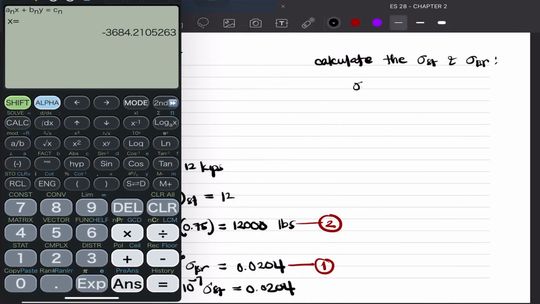So, ang una mo gawas nga answer, stress sa bronze, ang ikaduha, stress sa steel. So, stress sa bronze bar is equal to negative 3684.211 PSI. Stress sa steel is equal to 11,684.211 PSI.